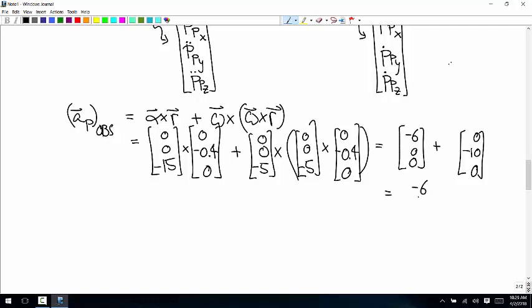So I think this is negative 6, negative 10, 0. Okay, so that's the observed acceleration. So negative, and then negative, positive. I think you're right.